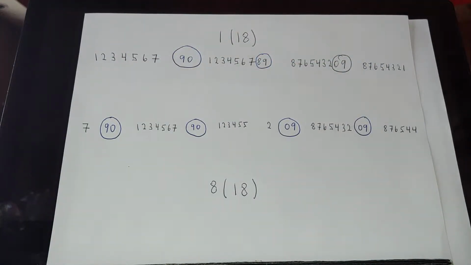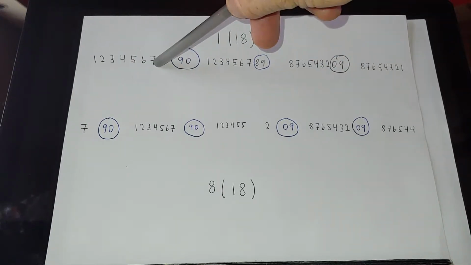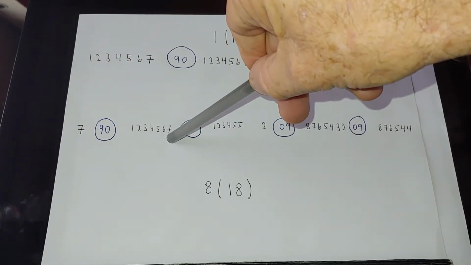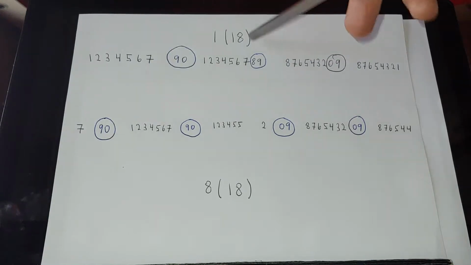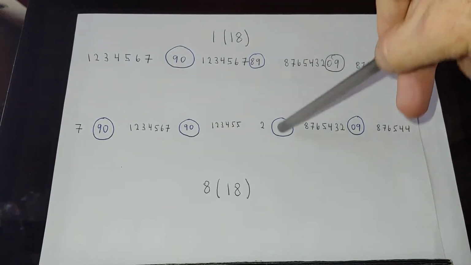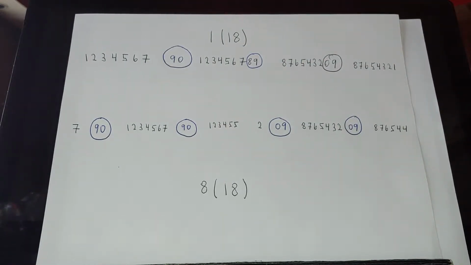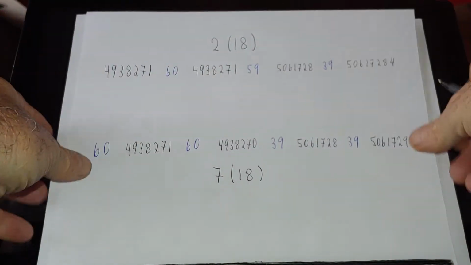But anyway, we see the codes reoccurring. 1, 2, 3, 4, 5, 6, 7. 1, 2, 3, 4, 5, 6, 7. 9, 0, 9, 0. 8, 9, 9, 0. 9, 9. So they're basically the same number, aren't they? And that's my point.